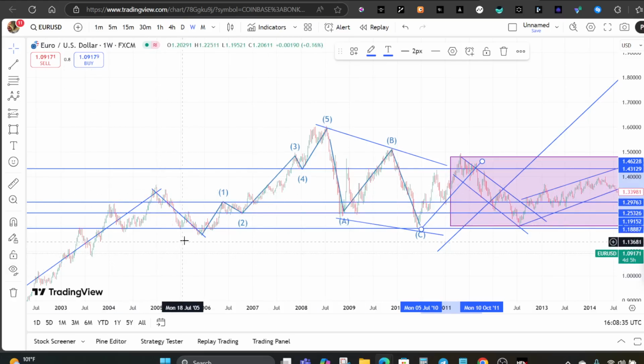The second mistake is ignoring Fibonacci levels. Elliott waves work best when combined with Fibonacci retracements and extensions for confirmation. And finally, do not make the mistake of trading without a larger trend analysis, because it's important to always trade in the direction of the bigger trend for higher probability setups.